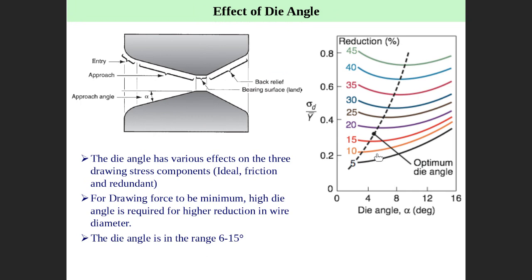At lower reduction, to get the lowest stress possible, the die angle is usually small. But whenever reduction increases, you can see that the optimum die angle increases in every case. So for high reduction, the angle is usually big. Usually the die angle is between 6 to 15 degrees. For low reduction it is usually 6, and for higher reduction, up to 15 degrees.